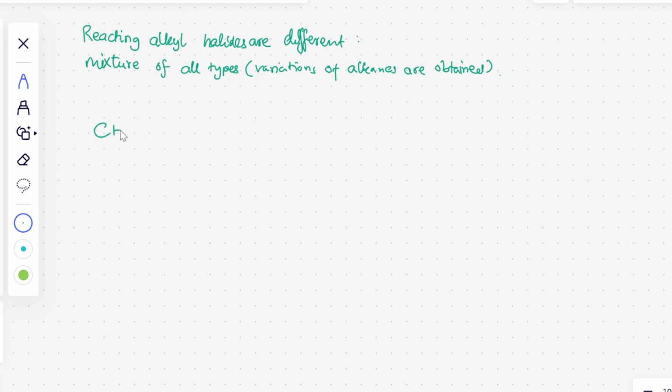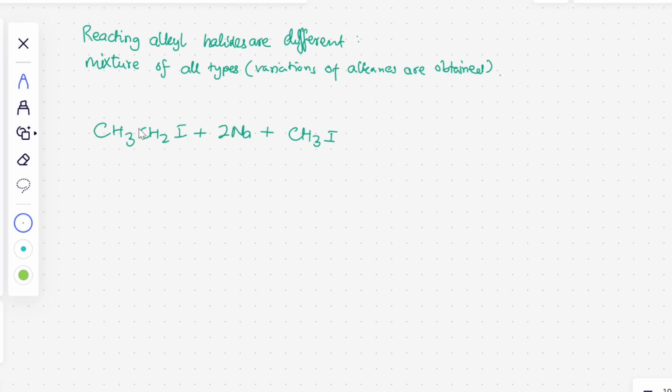Let's take an example, maybe CH3CH2I plus 2Na plus CH3I. So what we are doing here is we take this mixture with CH3CH2I.